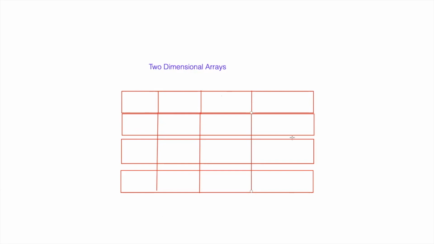We will have numbers in every cell. So I will number them one by one. Okay guys, I numbered all the cells. So all cells have their column number and row number. It's starting from 0 0 and it goes all the way to 3 3.